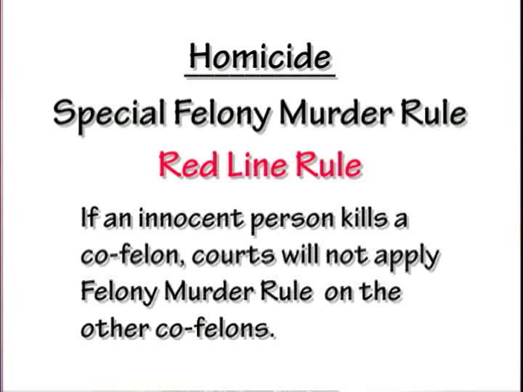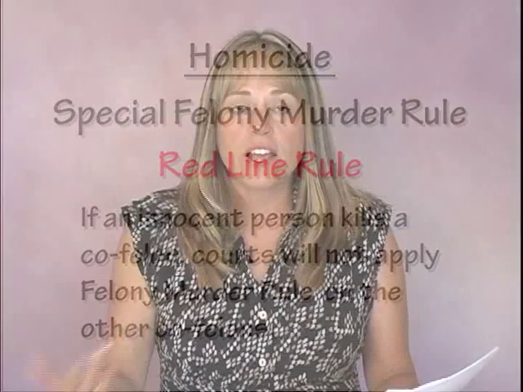It says if an innocent person kills a co-felon, courts will not apply the felony murder rule on the other co-felons. The rationale is that the felony murder rule is designed to protect innocent victims, and a co-felon obviously is not an innocent victim.